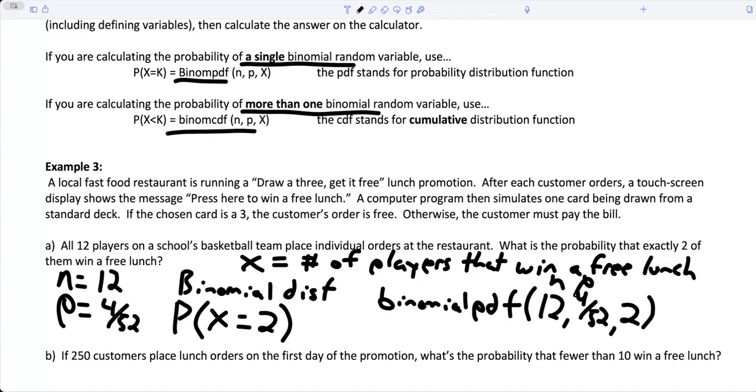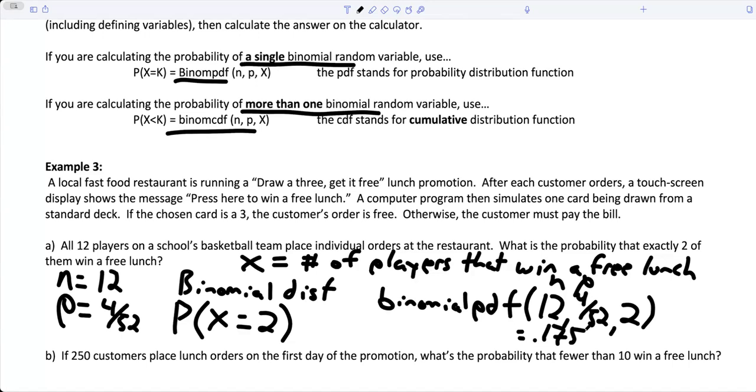And put that into your little calculadora. And somebody got that? Okay. 0.175. And then write a summary statement.